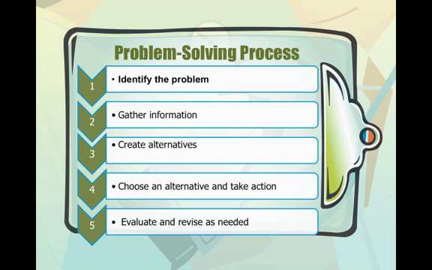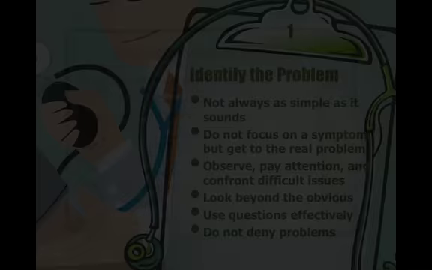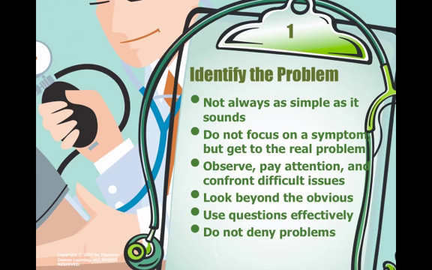Second step, gather your information. The third step is to create alternatives. And the fourth step is to choose an alternative and take action. That sounds like a plan, doesn't it? And 5, evaluate and revise, as I said earlier. And this problem-solving process can be used in just about anything.